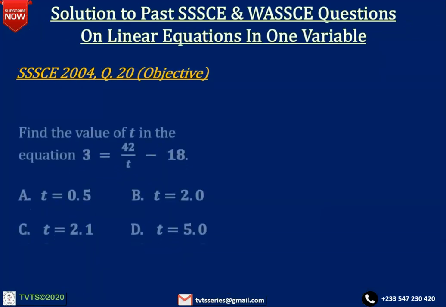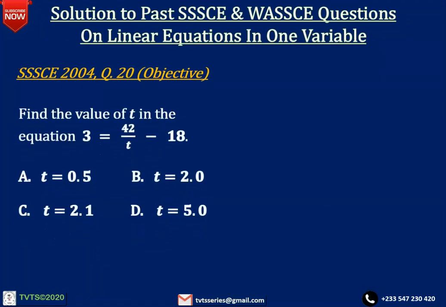SSSCE 2004. Objective question 20. Find the value of t in the equation 3 is equal to 42 over t minus 18. Solution.